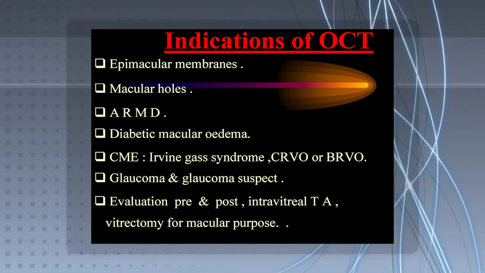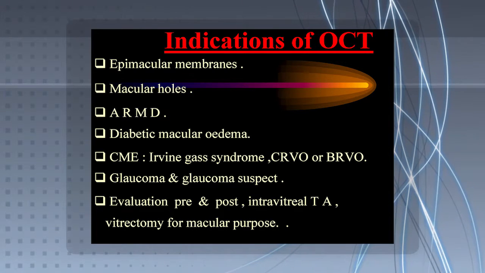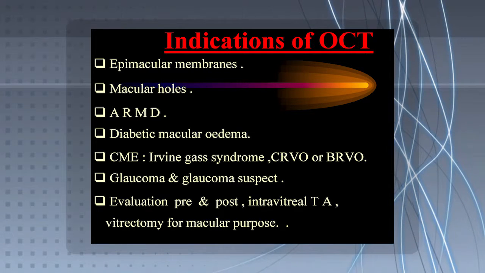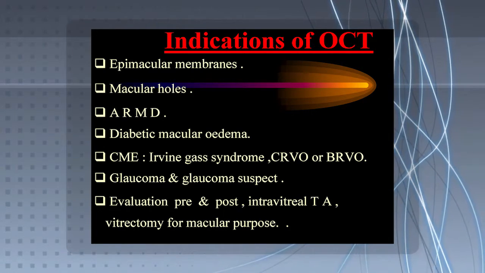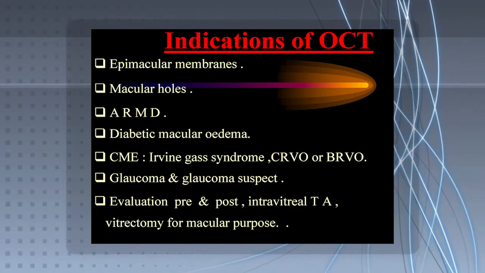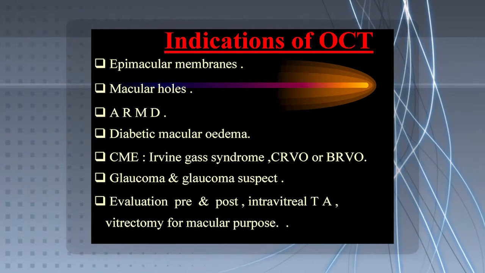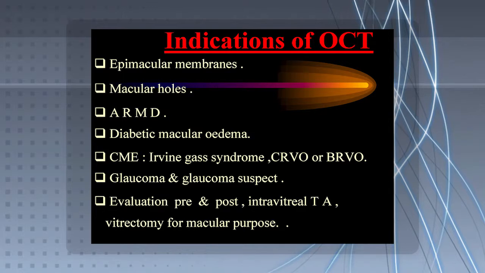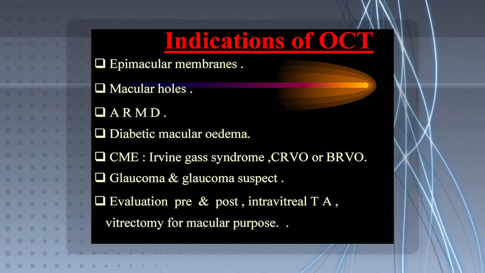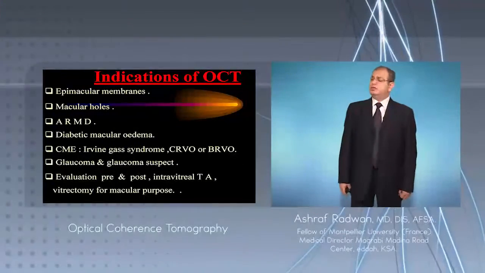The indications of the OCT now are numerous, as you can see: epimacular membranes, macular holes, age-related macular degeneration and subfoveal membranes, diabetic macular edema, cystoid macular edema, post-surgical like in Irvine-Gass syndrome, central retinal vein or branch vein occlusions, in the diagnosis and follow-up of glaucomatous patients and glaucoma suspects, evaluating the optic nerve, which is one of the important tools for following these patients.